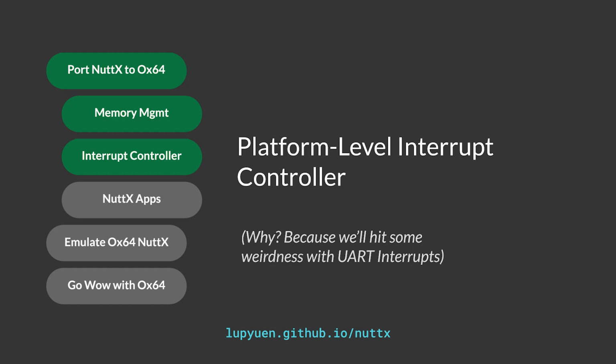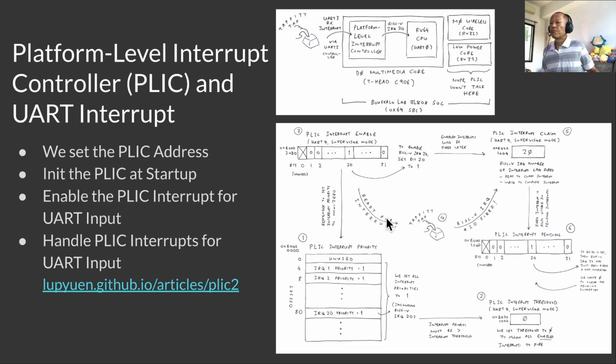There's another thing unusual about the THC906 CPU. You know how when we press a key and it triggers an interrupt for your input? This is how we normally handle the interrupts for your input. We program this with the PLIC, Platform Level Interrupt Controller, which is a standard interrupt controller for RISC-V.